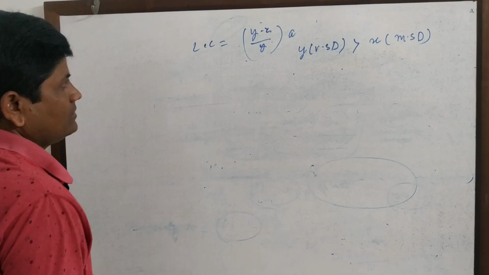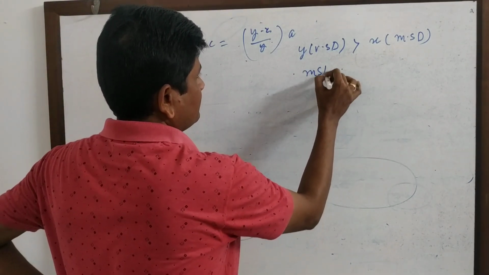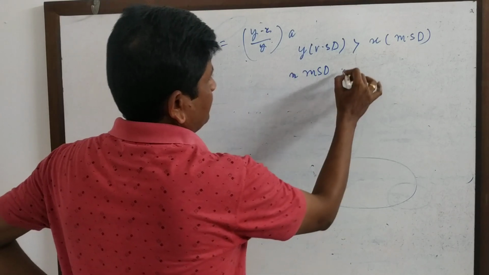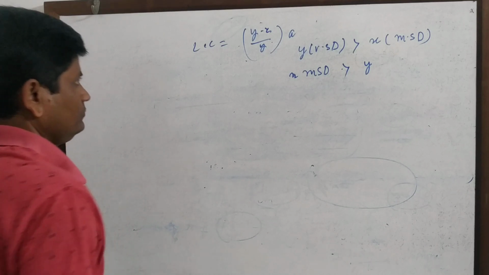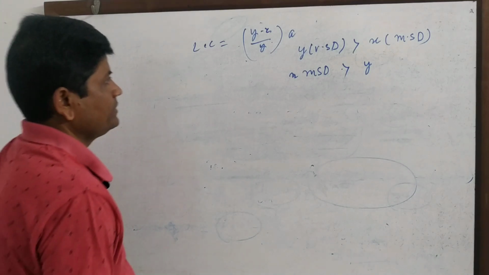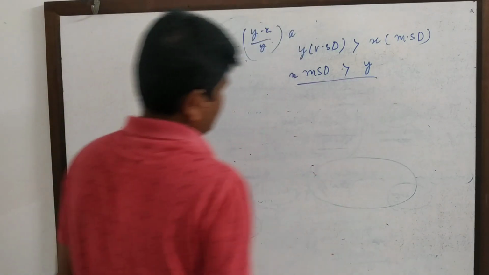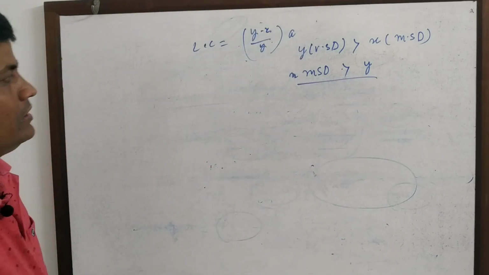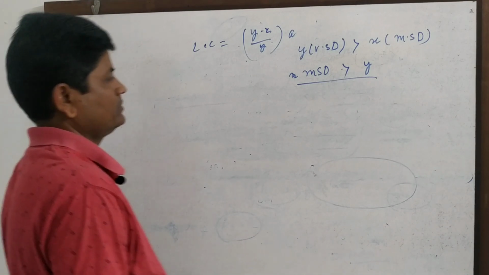What will be the case if the number of MSD is greater than y? Okay, in that case, what will be the least count of this instrument?